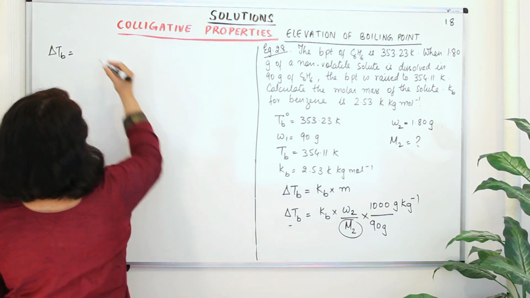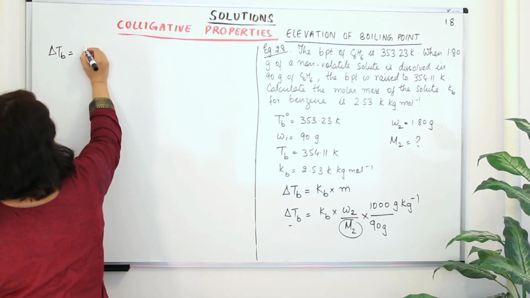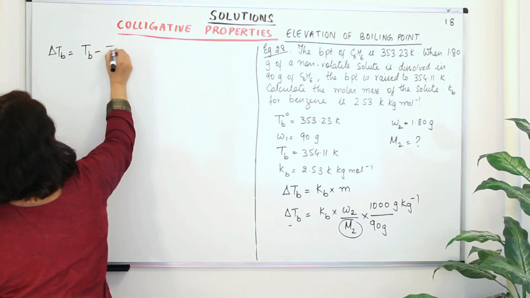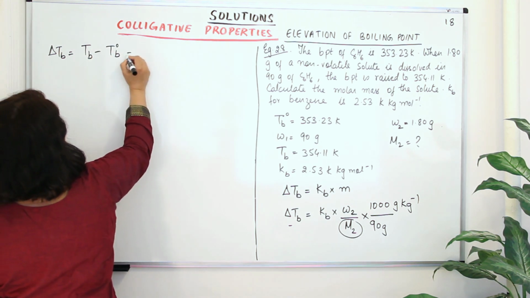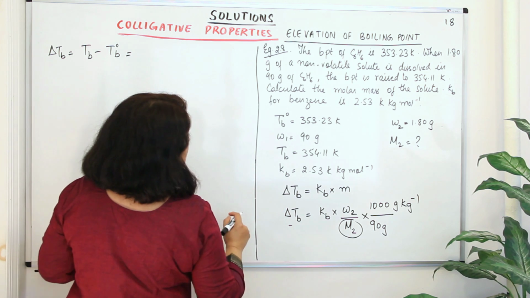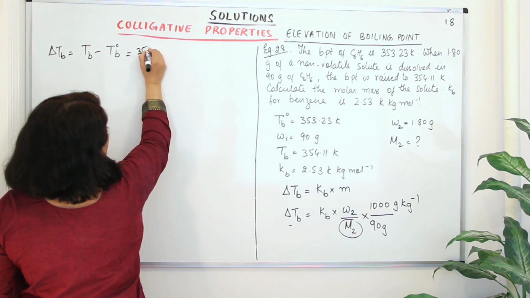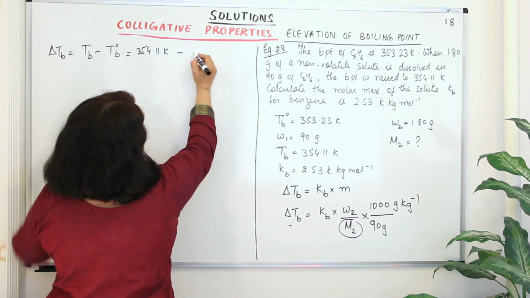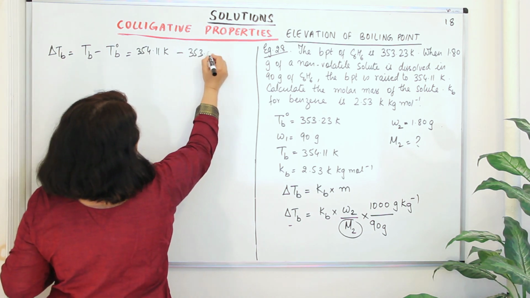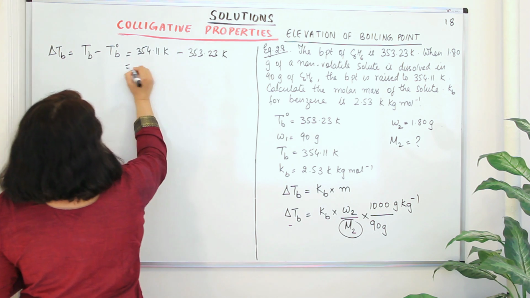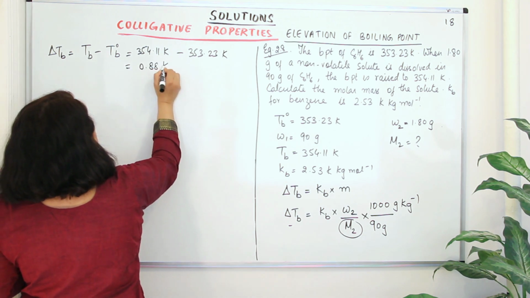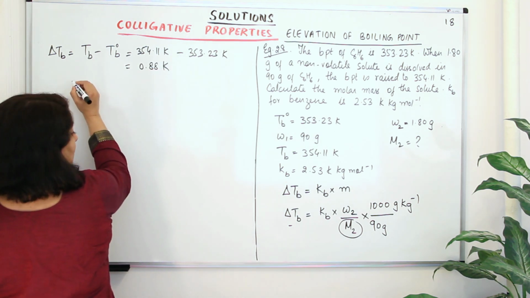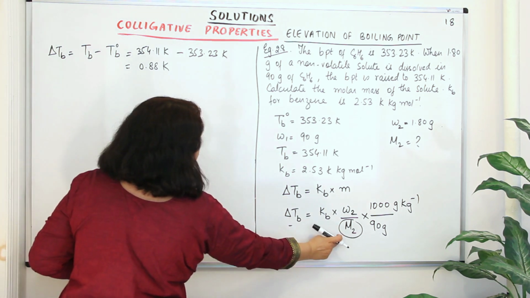Tb is the final boiling point minus Tb naught, the initial boiling point. So Tb is 354.11 Kelvin minus the initial boiling point, 353.23 Kelvin, and this comes out to be equal to 0.88 Kelvin. Right? Now you have to find out M2.